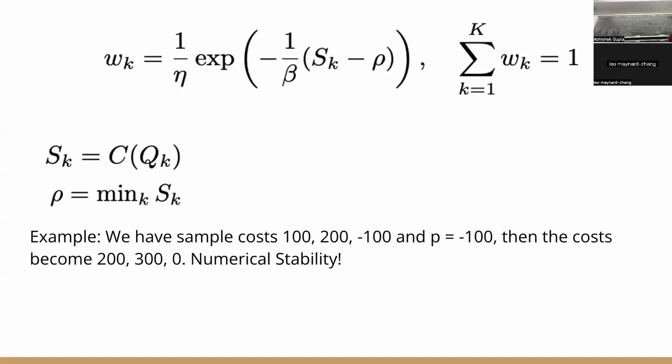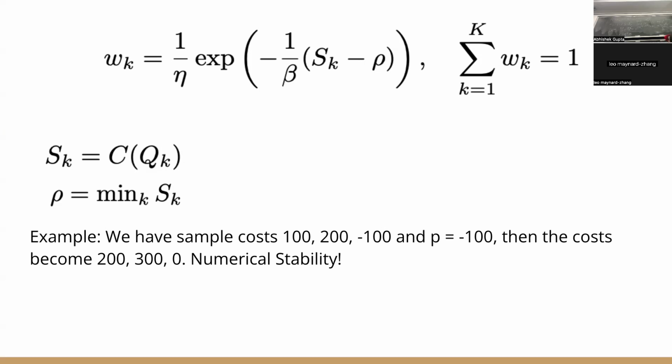So let's break this down. We have rho here, which is the minimum sampled cost. And we subtract the total state cost S of k from rho because we essentially just want positive numbers. Another way to view this is that you want the lowest cost scenario to have weight 1, because the exponent of 0 is just 1, which is the highest possible weight any scenario can have before it's normalized.